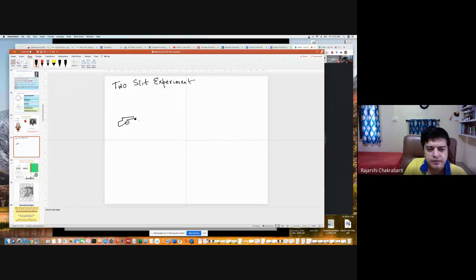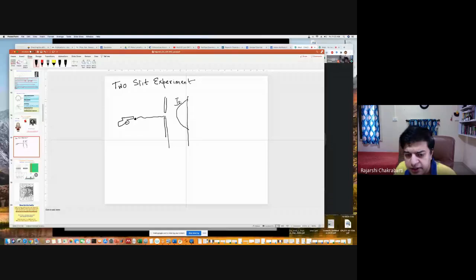The gun is the source, and then you have one slit here. If you do it with one slit, the bullet can go through like this. You can take the intensity on the other side, something like this. This is like I1. Clear?